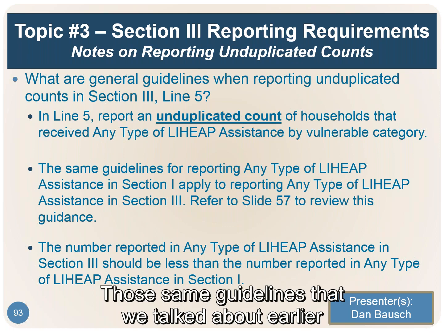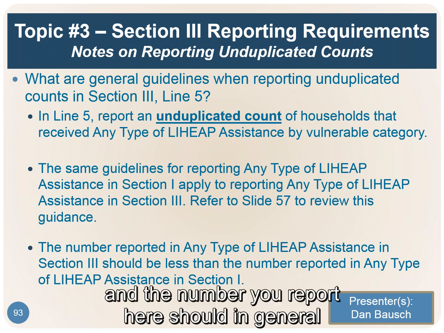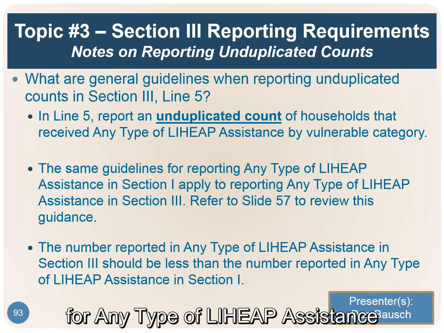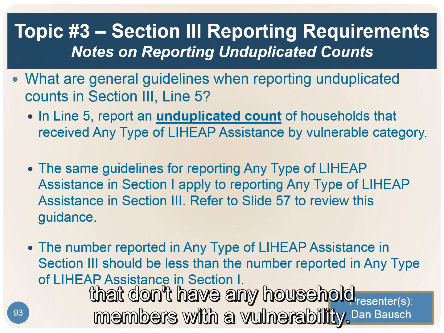So those same guidelines that we talked about earlier apply here. And the number you report here should, in general, be less than the number in Section 1 you reported for any type of LIHEAP assistance, since you can have some households that don't have any household members with a vulnerability.